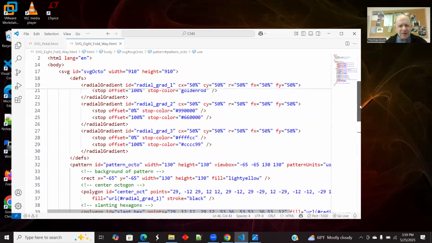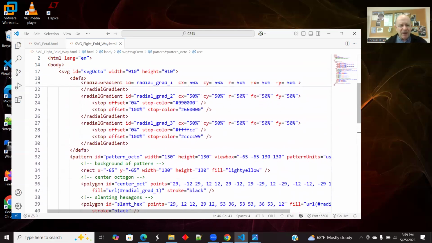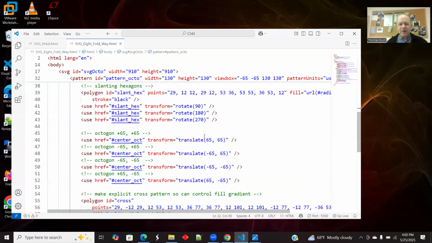I don't think I was careful about saying that. My pattern has a viewBox of -65 -65 130 130. That puts the origin, the 0, 0, in the middle of my pattern, and that made my rotations nice. A simple rotation is around the origin, and that's what I wanted.